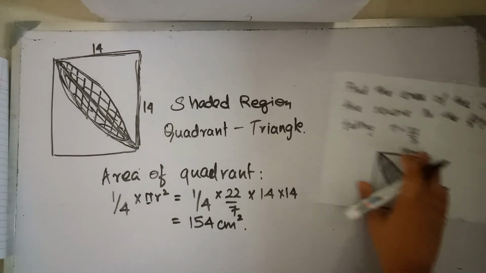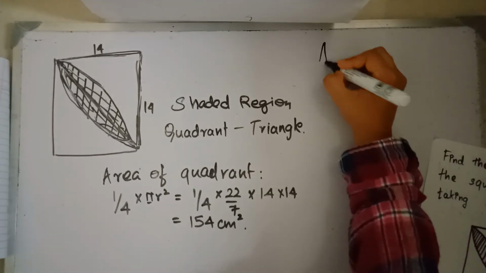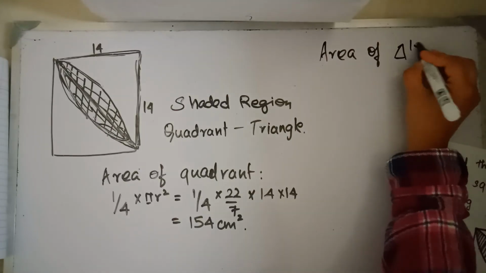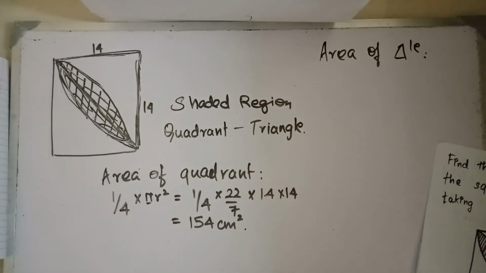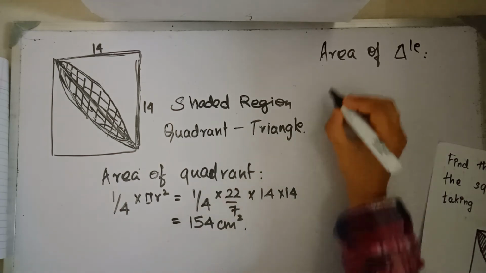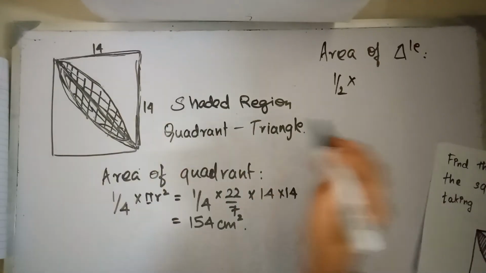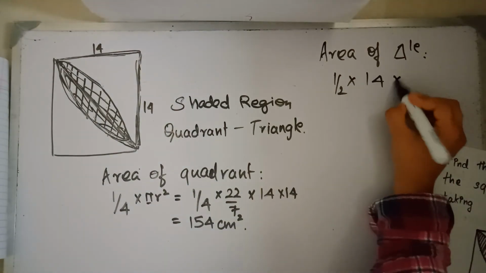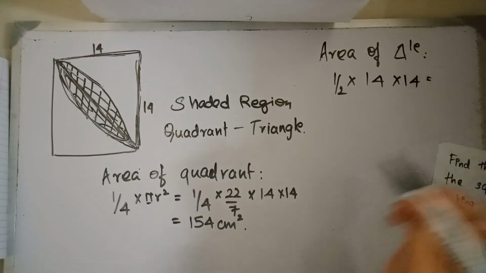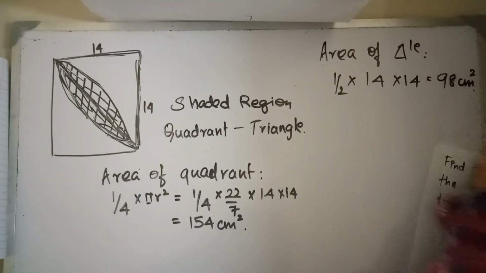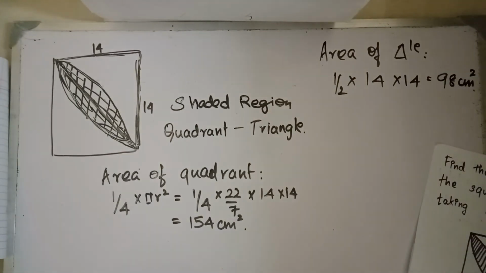Let's look at the area of the triangle. The area of the triangle is half into 14 into 14. I've already calculated the values beforehand. This is 98 cm square.